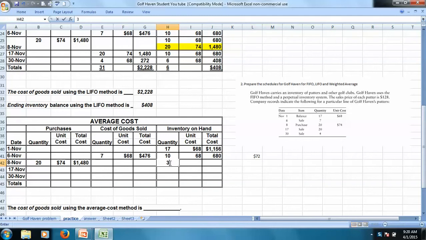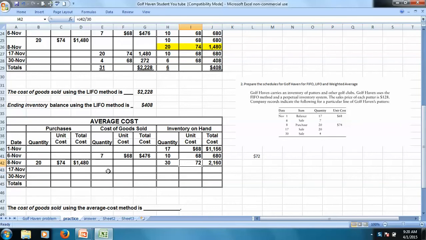So we have 30 putters that together have a total cost of $680 plus $1,480, $2,160. $2,160 divided by 30 gives us $72 as a weighted average cost per putter. And the only time you have to calculate that is when you add. You're going to see in the sales, you just get to apply that number until the next time you add.